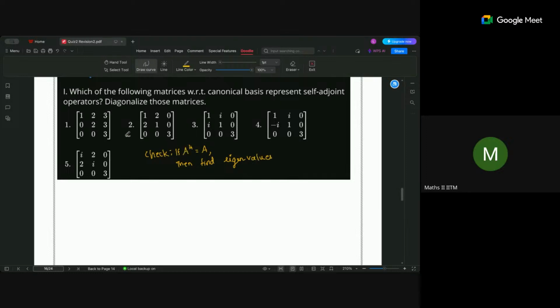So find A^H for each of these matrices and see if it is equal to A. If it is equal to A, find eigenvalues. So do this exercise. Meanwhile, there is a short break for me.